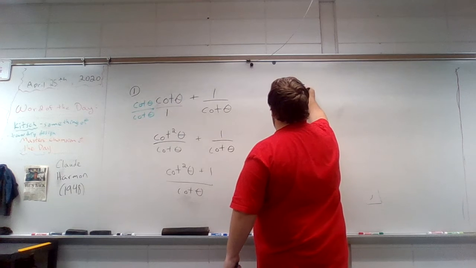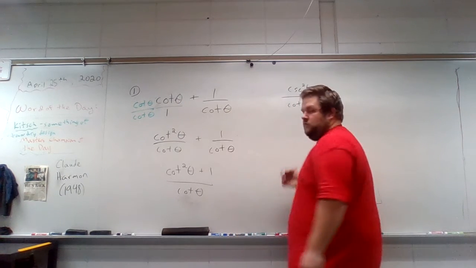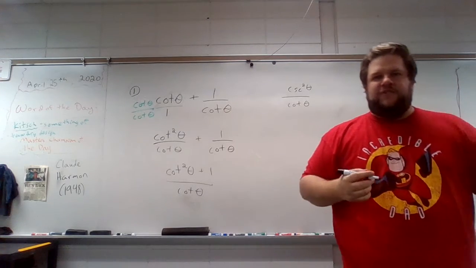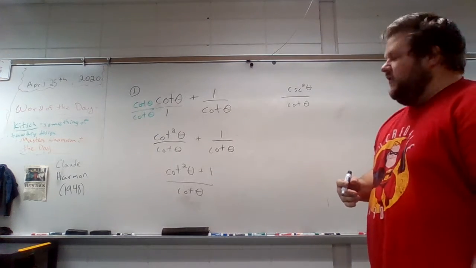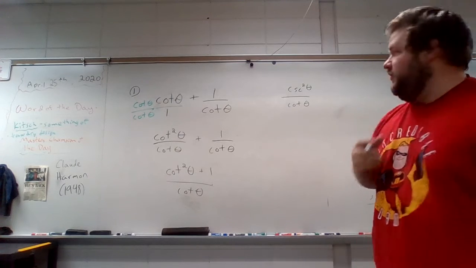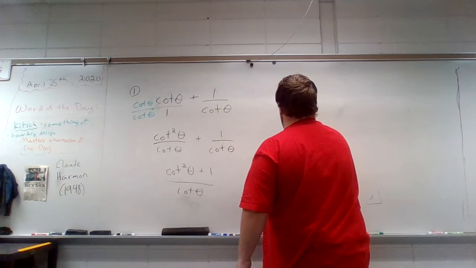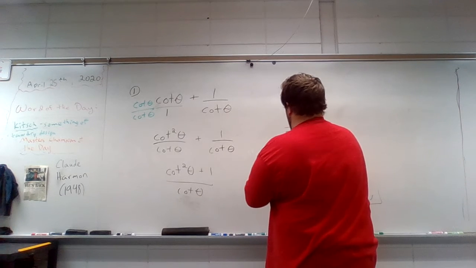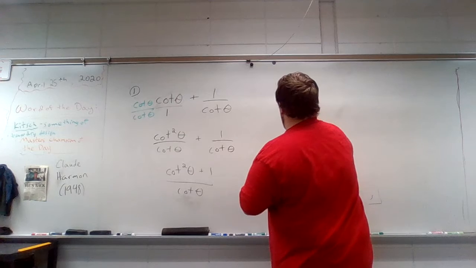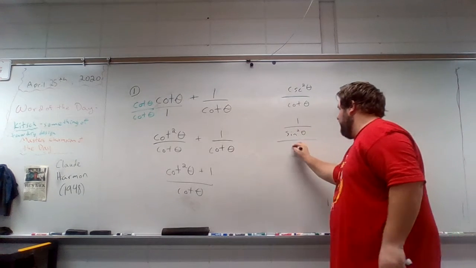So I've got cosecant squared over cotangent. At that point you said, okay, now I can write everything in terms of sine and cosine. Cosecant squared was 1 over sine squared, and then my fraction bar was right here. And we know that cotangent was cosine over sine.